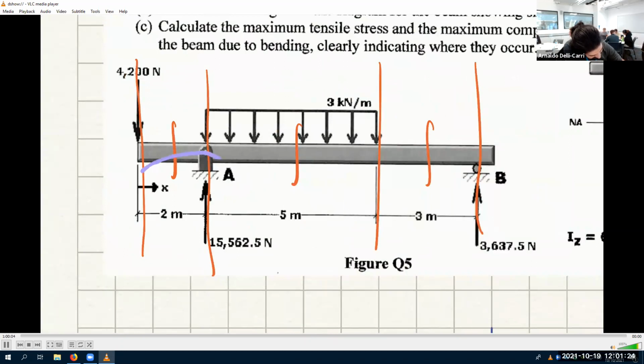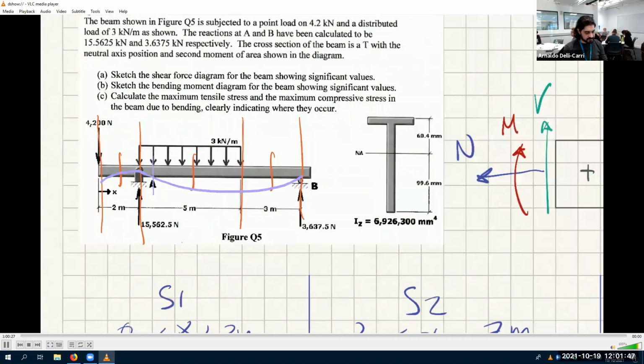And then it starts smiling. Okay, so this is the deformed shape of this beam. Frowning until 2.83, say here, where it has this inflection point where it starts smiling again.